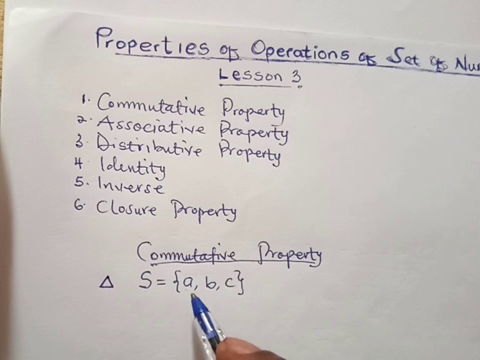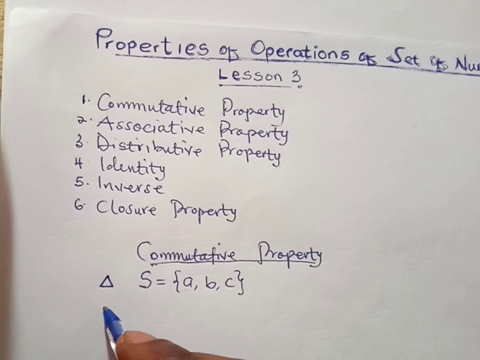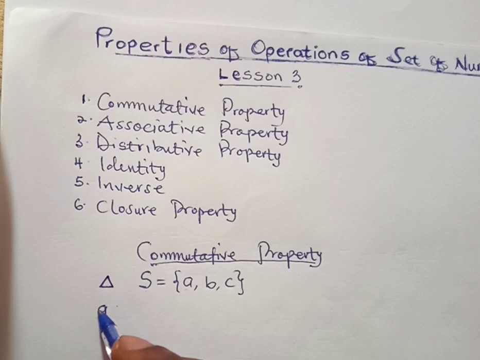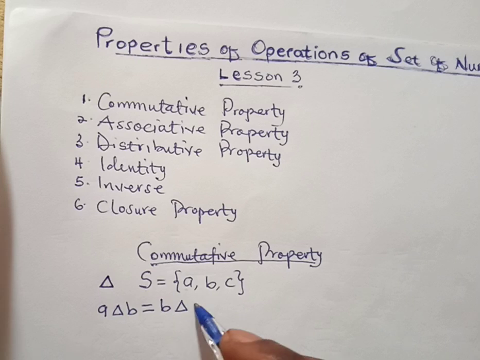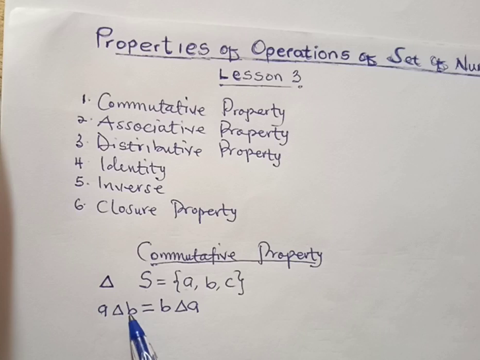If we take any two elements, let's say we are taking A and B. If A operates with B, this should also be the same as when B operates with A. Since A operation B is equal to B operation A, then we can say that this operation is commutative.